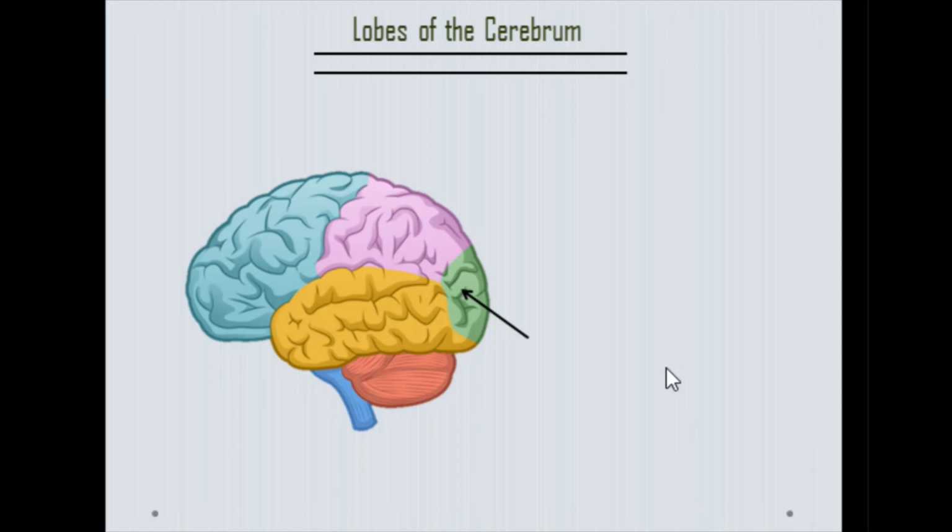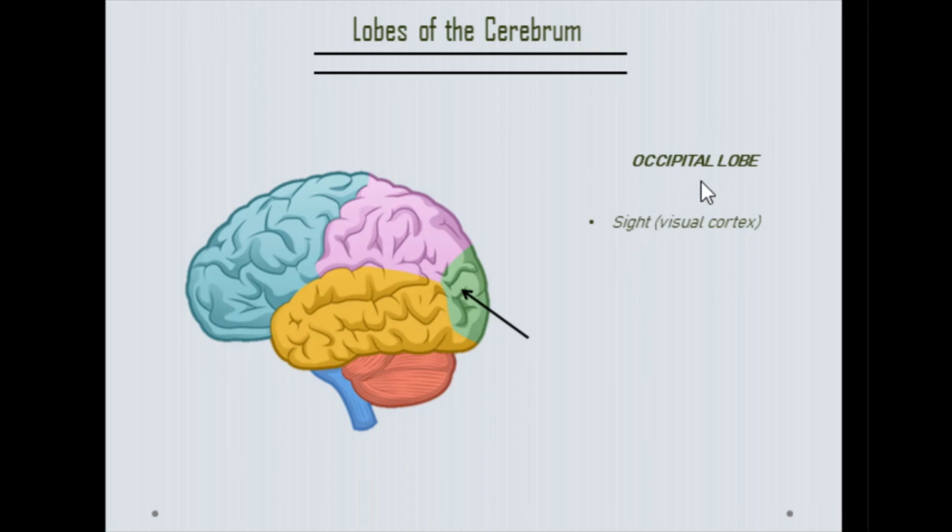And it is called occipital lobe. Occipital lobe. Can you say it again? Good job. Occipital lobe functions for vision. It is sight. You can see. You know what you see because of the occipital lobe.